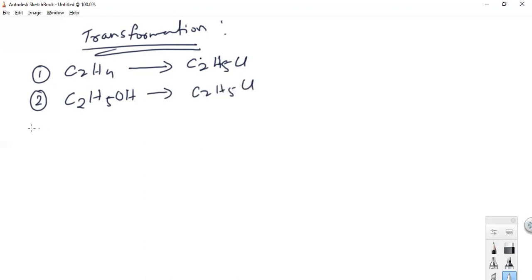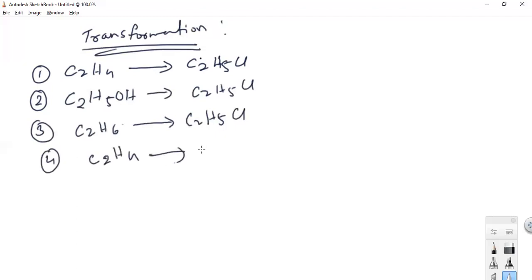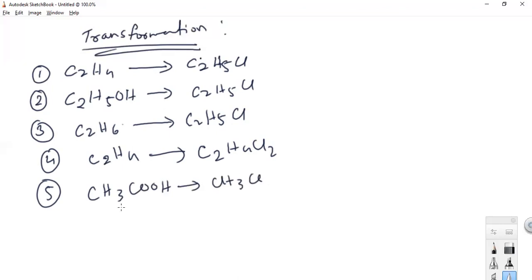Then in number 3 we have C2H6 to C2H5Cl. Number 4 we have C2H4 towards C2H4Cl2. Number 5 we have CH3COOH towards CH3COCl.